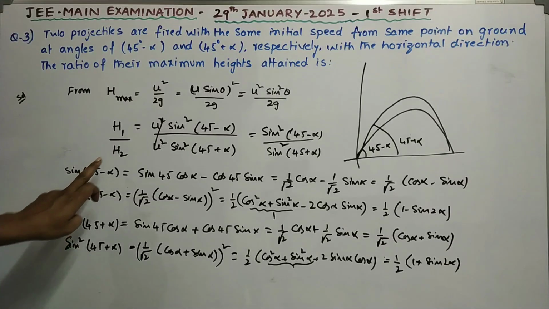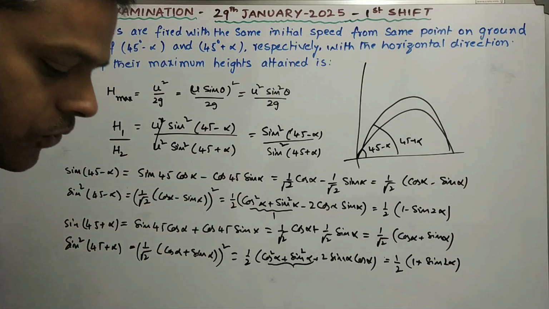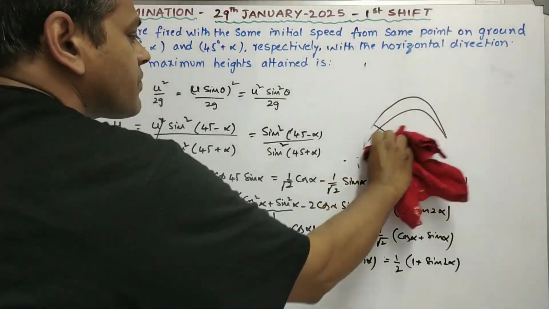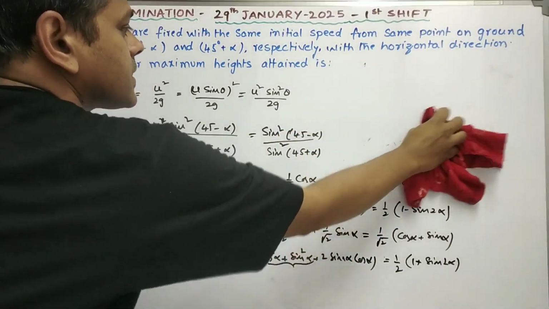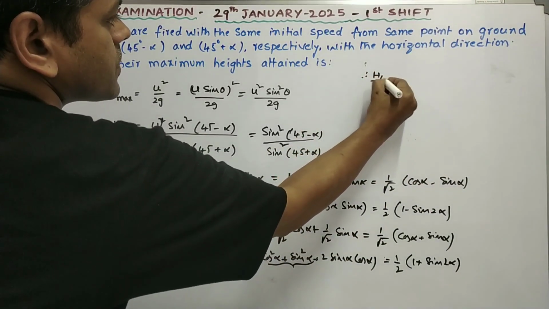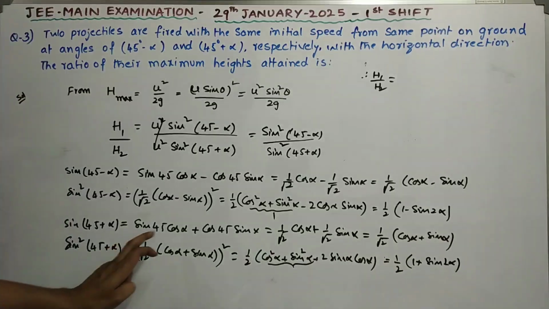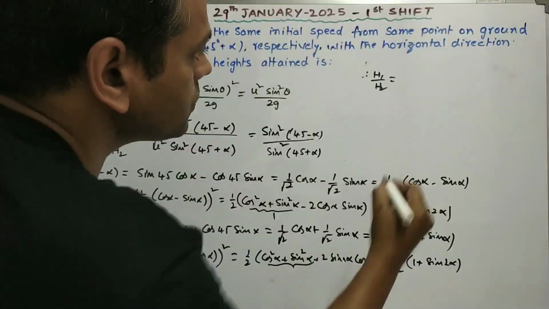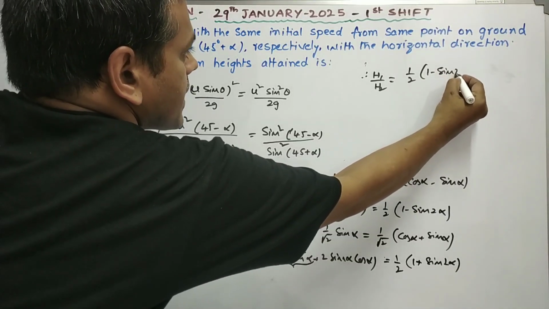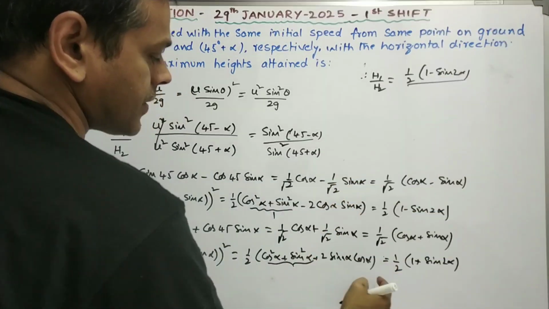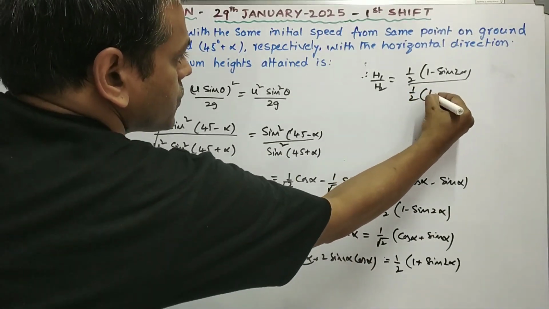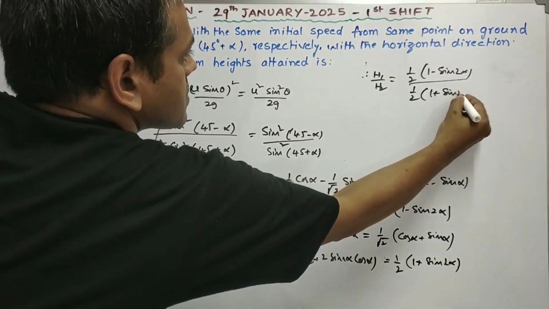What is being asked? H1 by H2. Therefore, simplifying this, we finally get the answer. H1 by H2 is equal to 1 by 2 into (1 minus sin 2 alpha) divided by sin square (45 plus alpha), which is 1 by 2 into (1 plus sin 2 alpha).